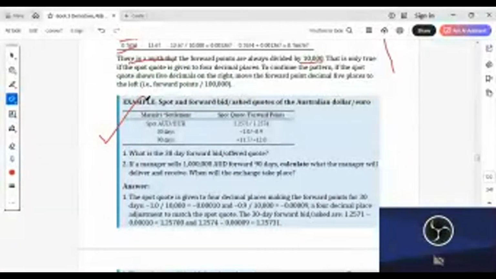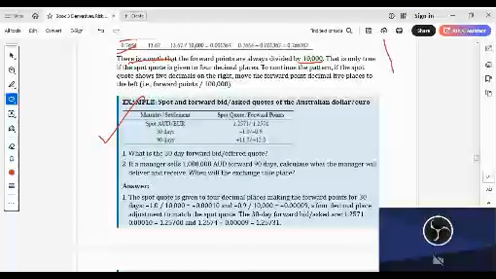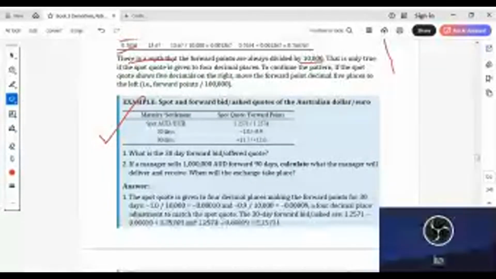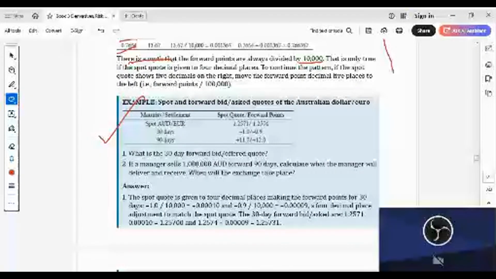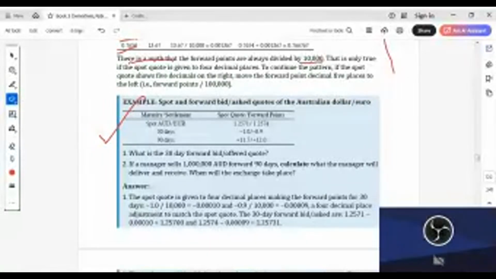Okay, try this example. What is the 30-day forward?